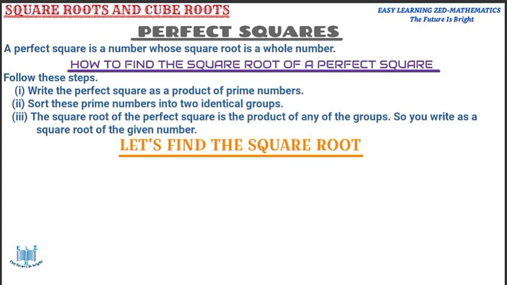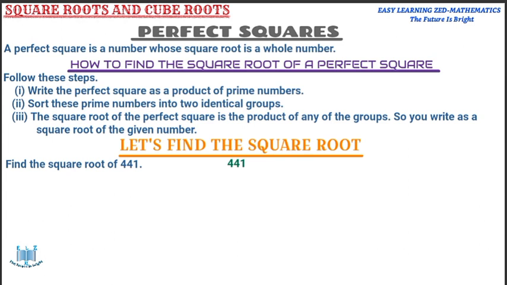Here is the question: find the square root of 441. 441 is a perfect square, so we want to find its square root. I'm going to write 441 here. Then I'm going to do the first step, even if it takes many steps to write this number as a product of prime numbers.